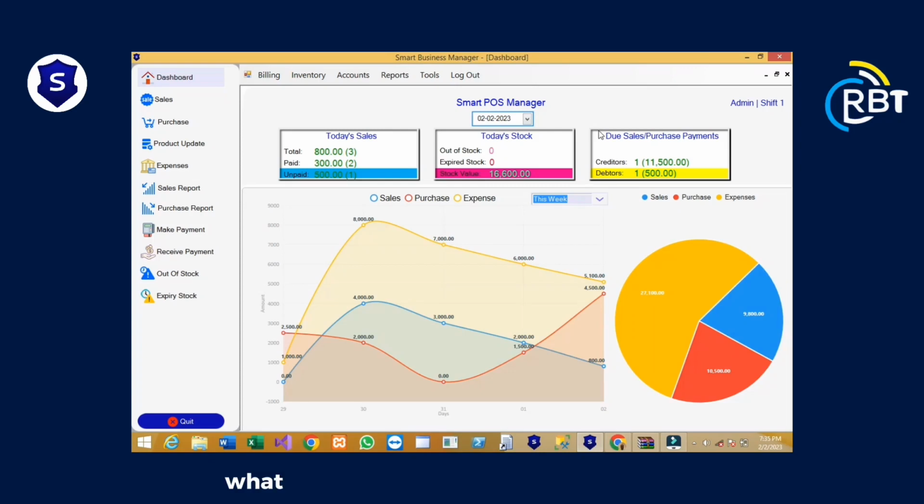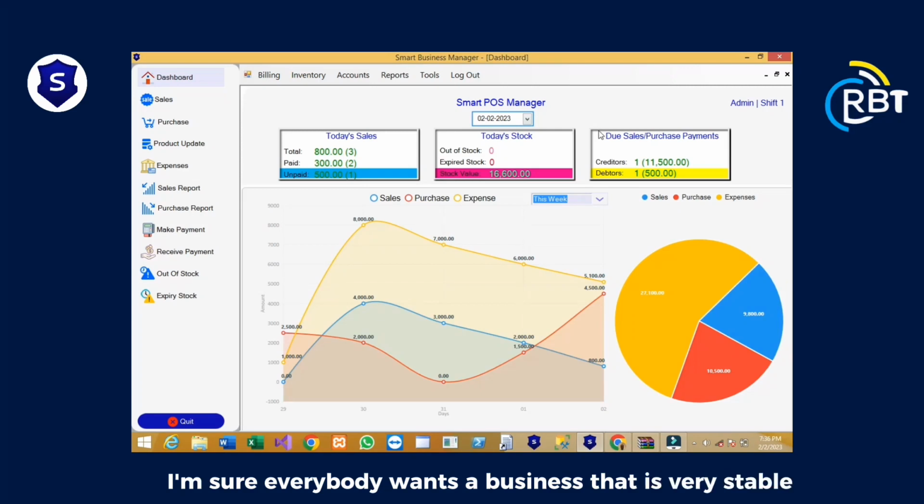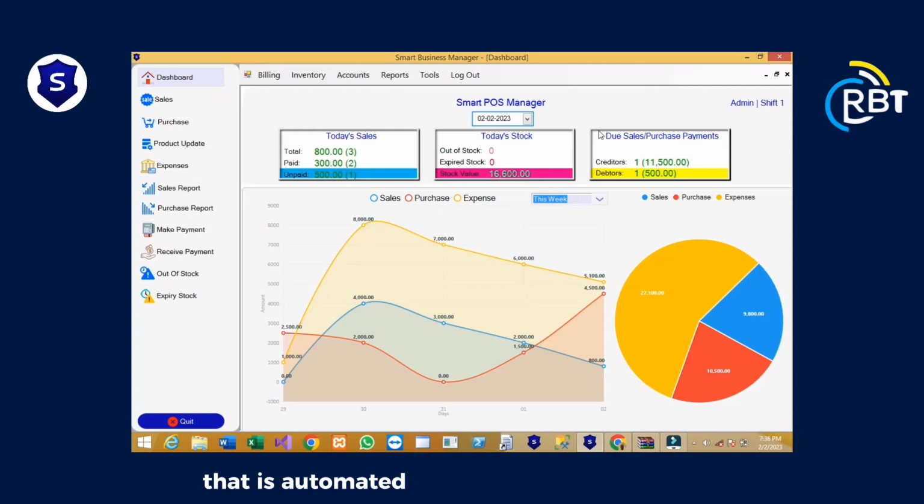Now, what do you want in your business? I'm sure everybody wants a business that is very stable, that is automated, that everything goes very well, which is very organized, with structures, with systems.